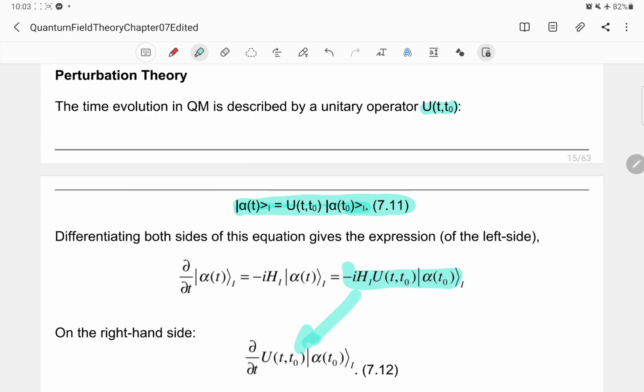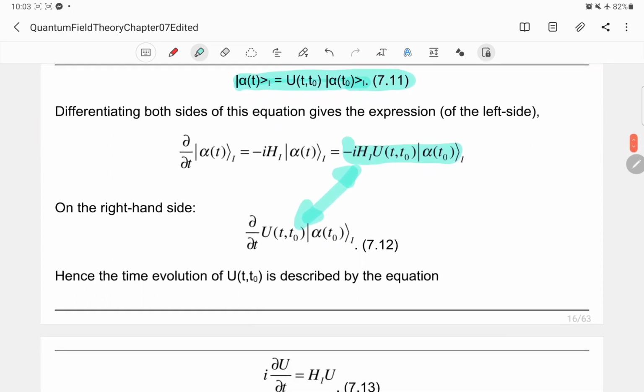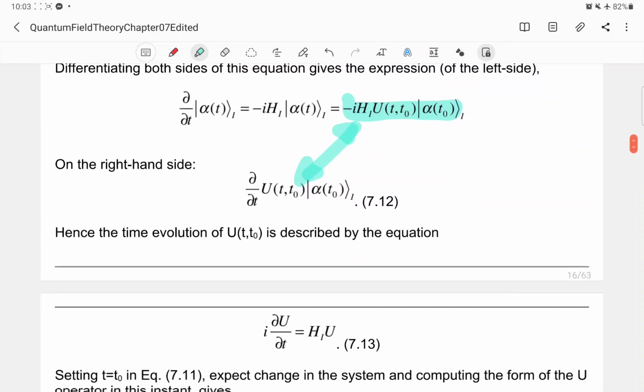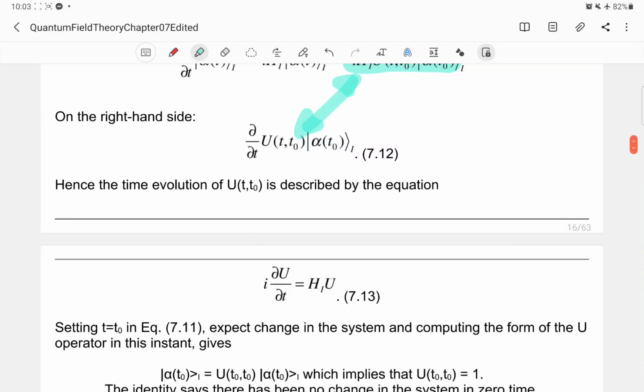So these are just the same. So if you go back to the previous equations, you will have this: the derivative with respect to time of the evolution operator is just the interaction Hamiltonian times the evolution operator. Yeah, the factor of i is present.